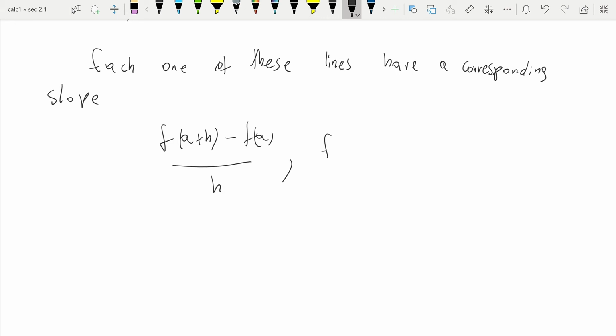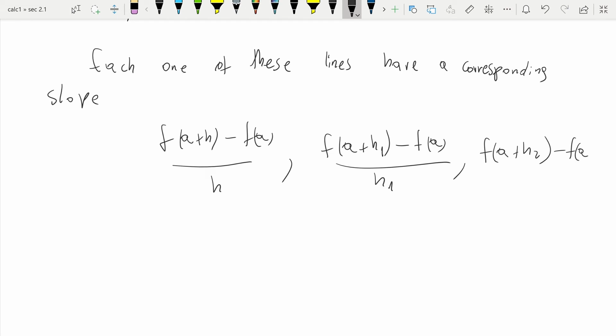When we consider a smaller value h1, we get f of a plus h1 minus f of a, divided by h1, and f of a plus h2 minus f of a, all of that divided by h2.